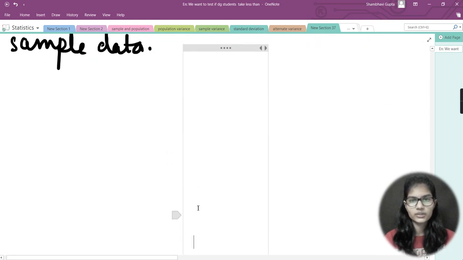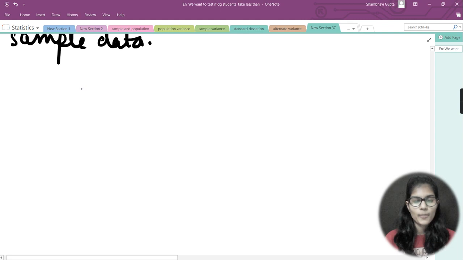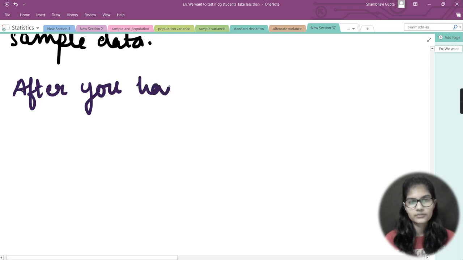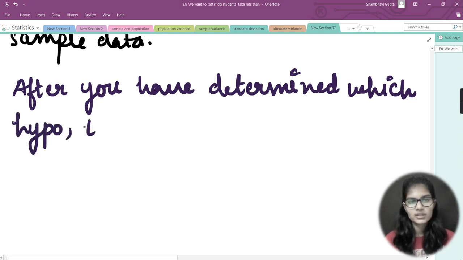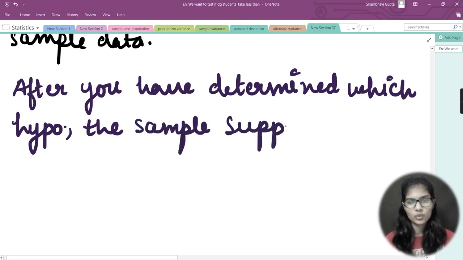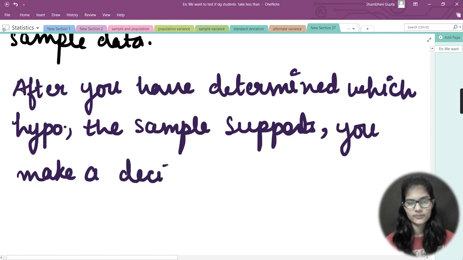Now let me come down here. I would add that after you have determined which hypothesis the sample supports, you make a decision, right?